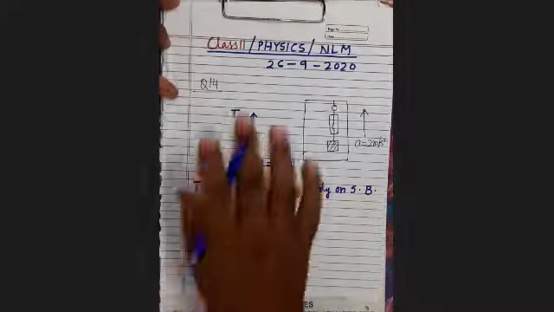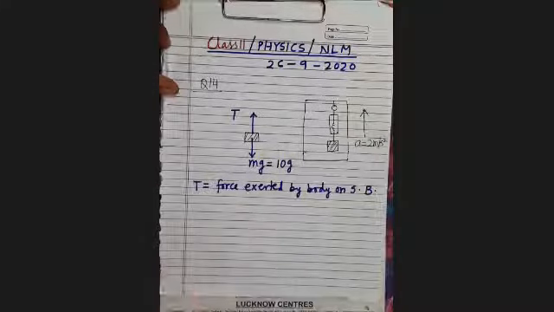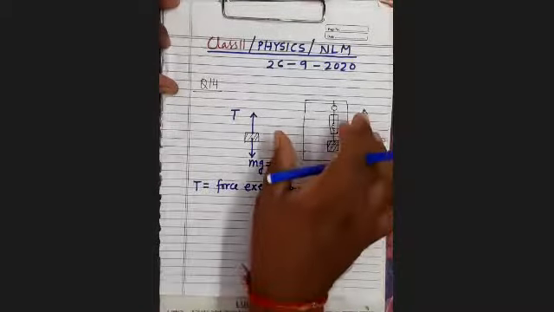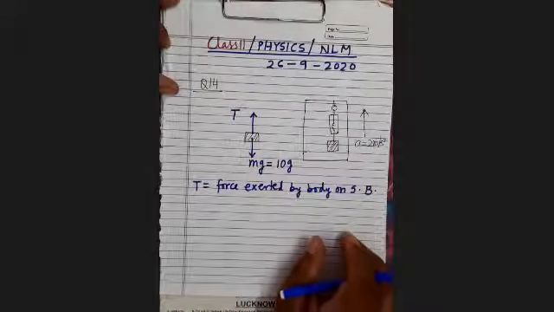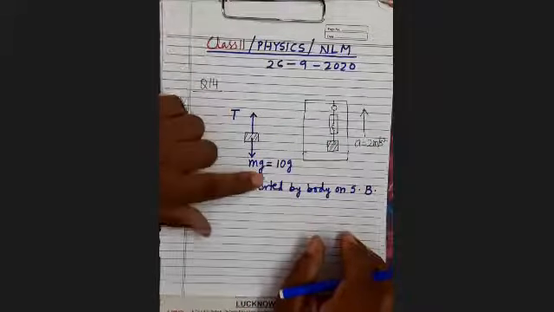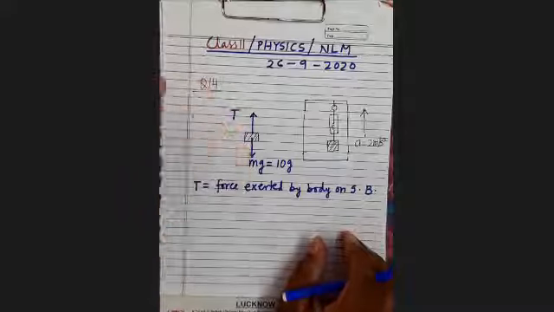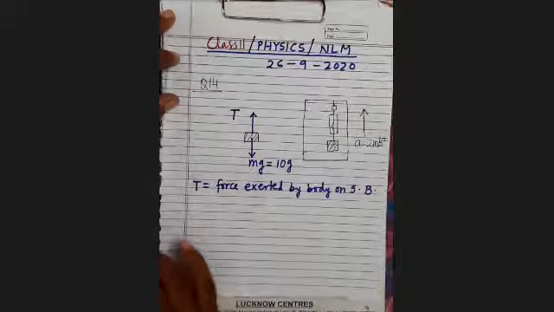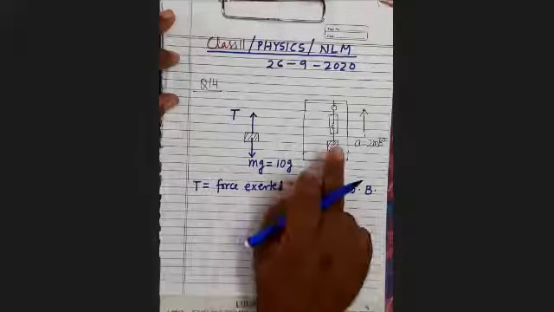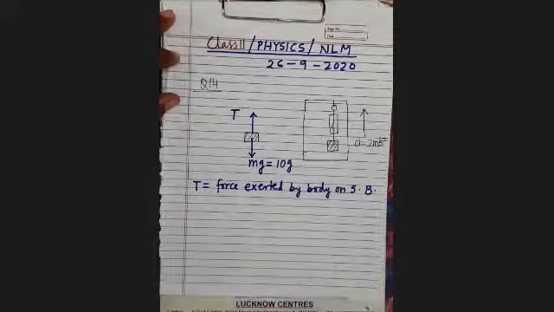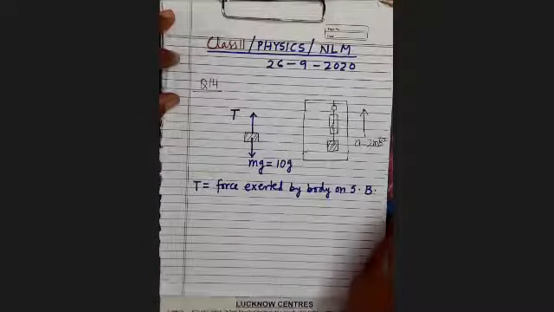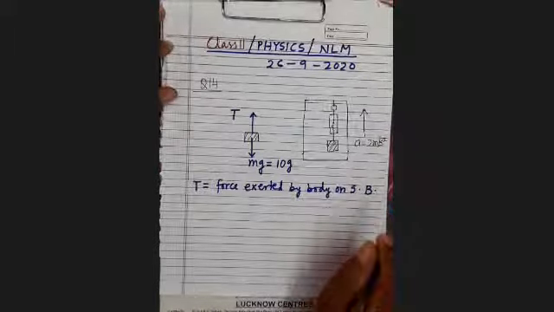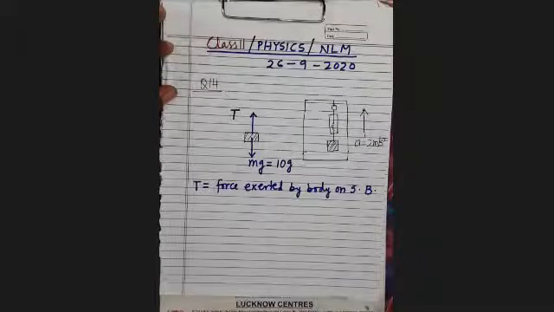If the whole system is at rest, neither moving up nor moving down, then the reading of the balance will be equal to 10 into g. But since it is accelerating upward, it is now in an accelerated frame. And when it is in an accelerated frame, you will insert a pseudo force also. And that pseudo force will act in what direction?